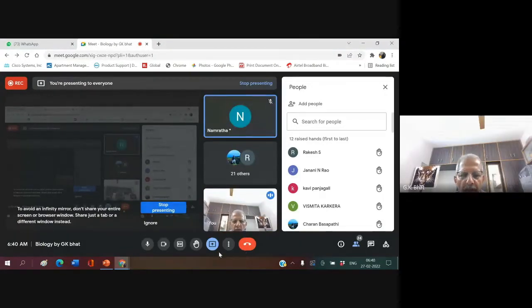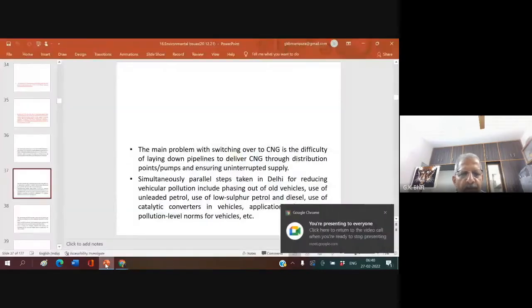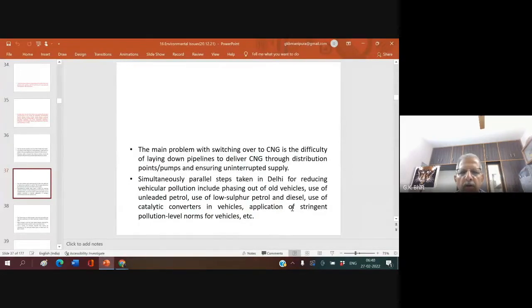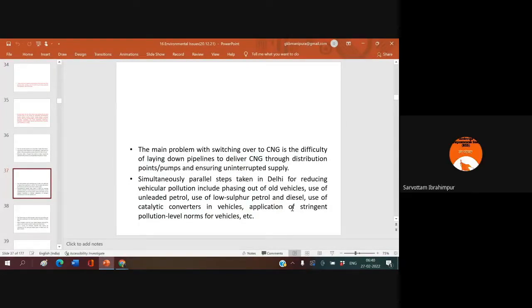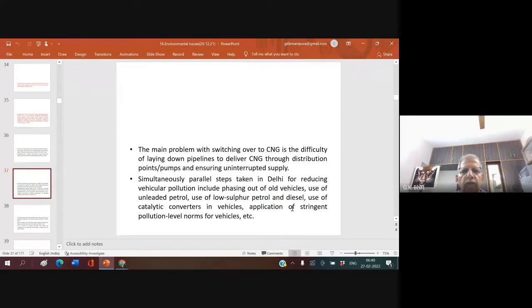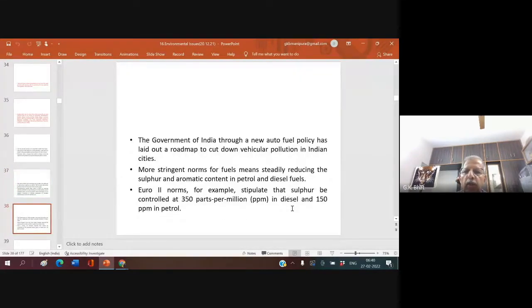Okay. Now coming back to our subject. Are you seeing this screen? Yes? Okay. The government of India, through a new auto fuel policy, has laid out a roadmap to cut down vehicular pollution in Indian cities.